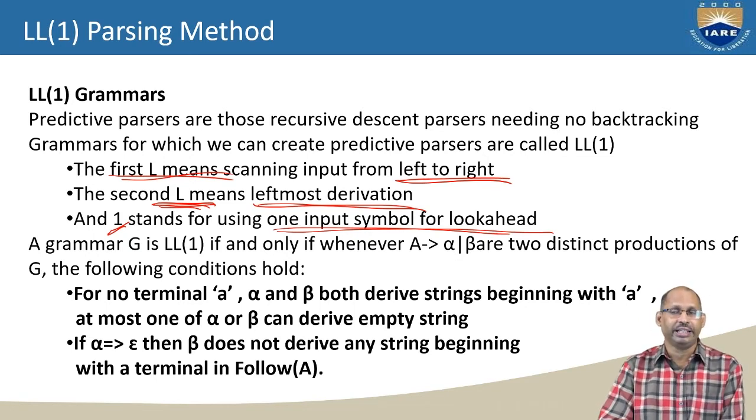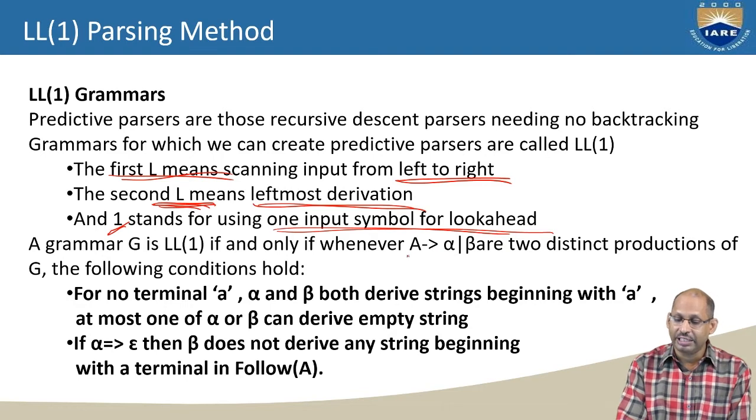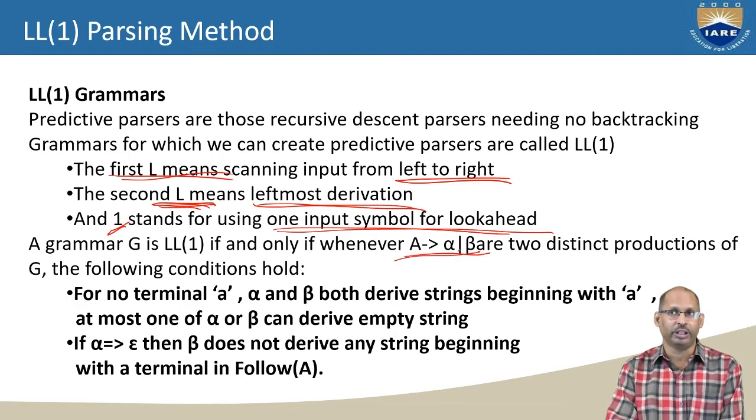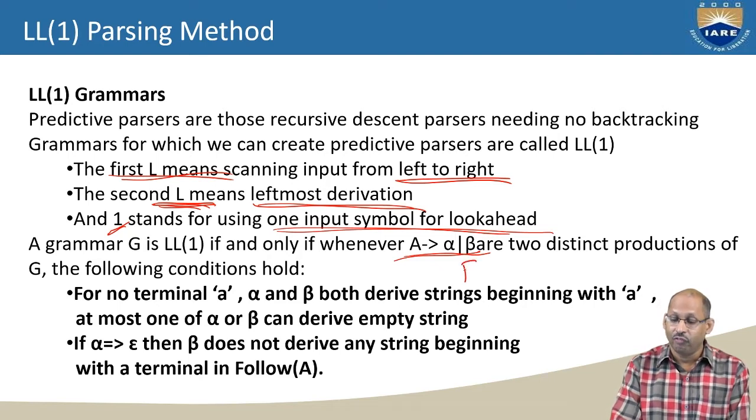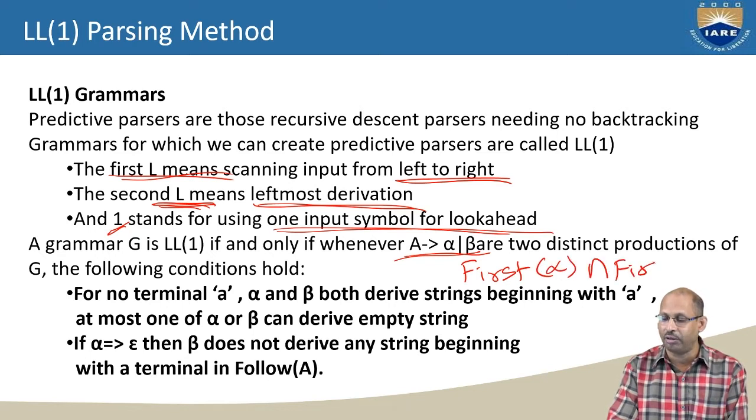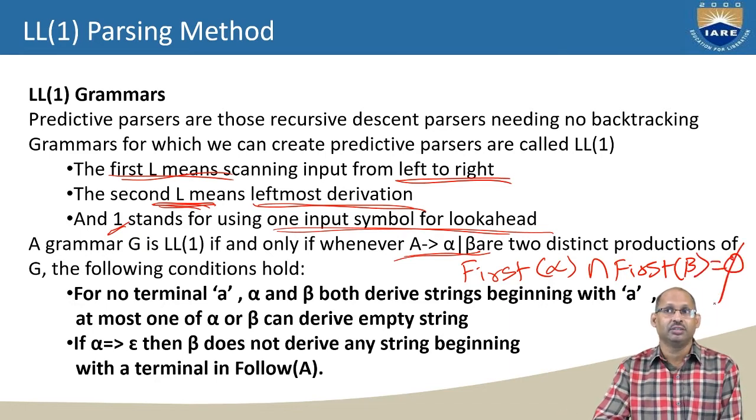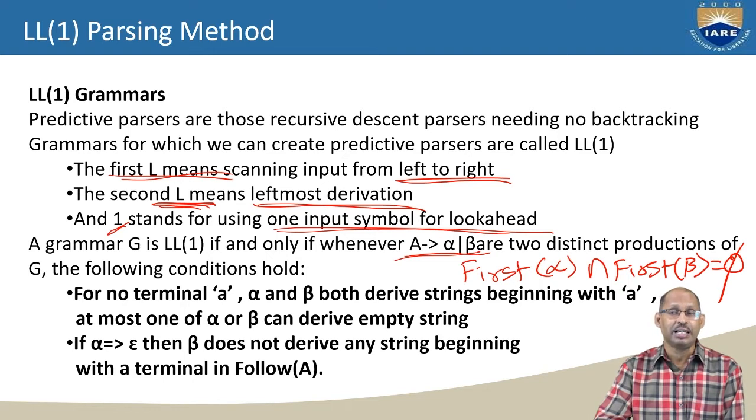Here, the first condition: if A is giving two productions, alpha and beta, where A has two alternative productions alpha and beta, then first of alpha intersection first of beta should be phi. It means the alpha production and beta production should not start with the same symbol.